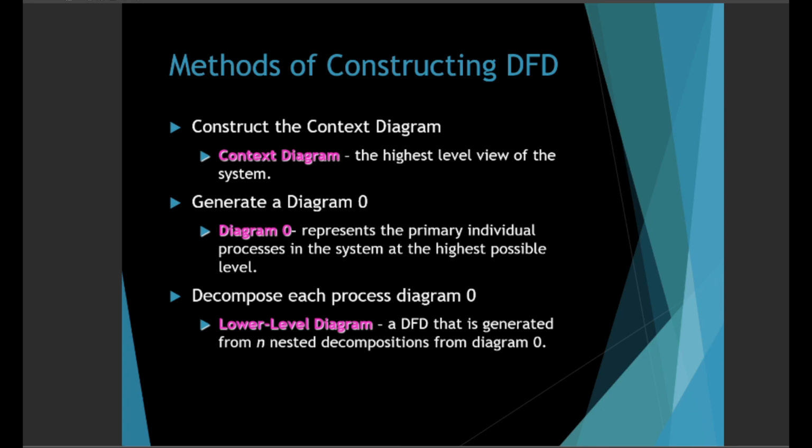In the topic about the levels of diagram, the first level is what we call the context diagram. This is the first part of constructing a data flow diagram. The context is the summation or aggregate of all the processes, so it is the highest level view of the system. In our example, the context diagram illustrates the entities involved and the system itself.